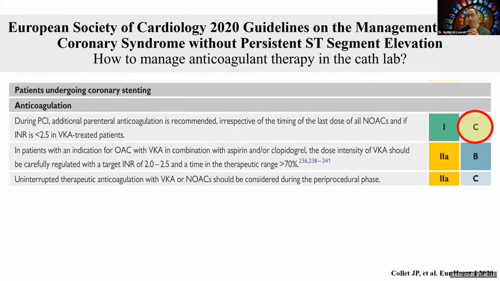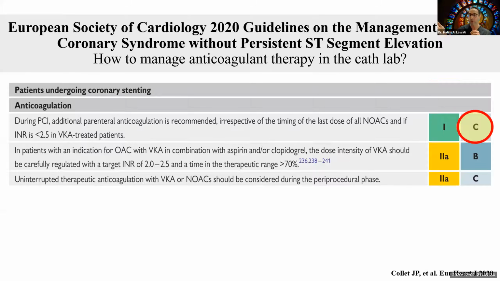So the guidelines now recommend that during PCI, additional parenteral anticoagulation is recommended, irrespective of the timing of the last dose of all direct oral anticoagulants. And if your patient is on vitamin K antagonist, then additional parenteral anticoagulation is recommended if the INR was less than 2.5.